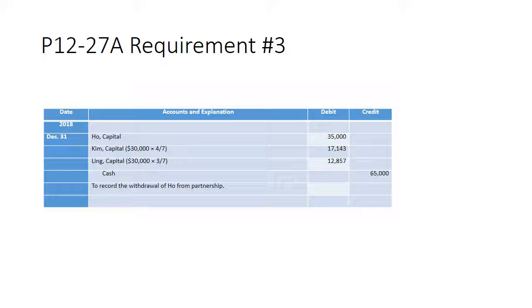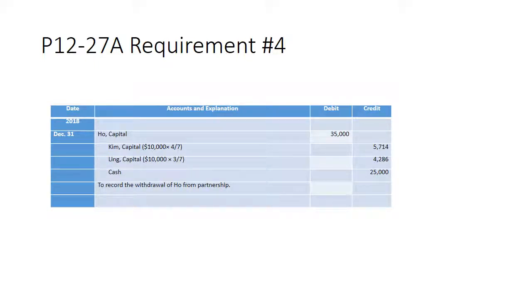So 40 of the 70, so 4/7 of the $30,000 will be debited to Kim's capital, and then 3/7 of the $30,000 difference is debited to Ling's capital.